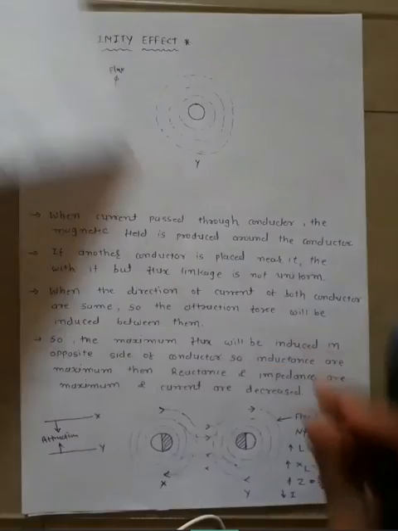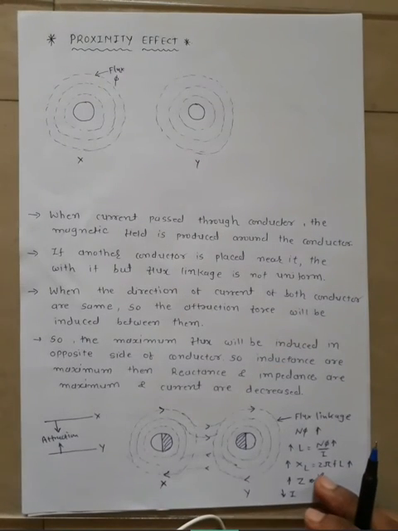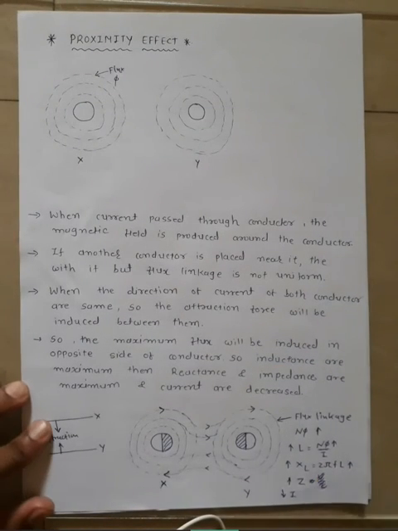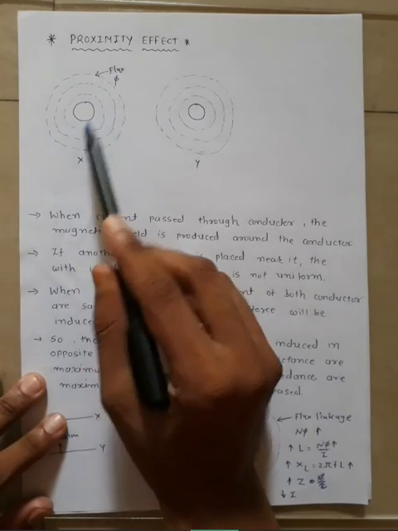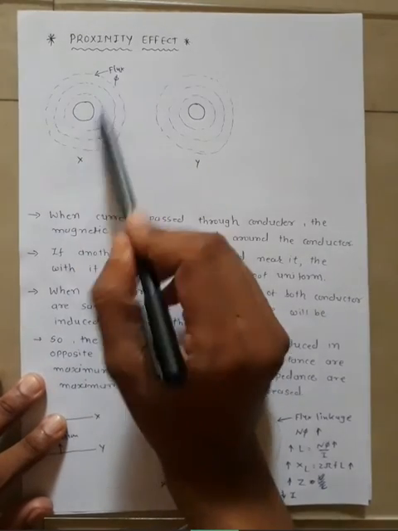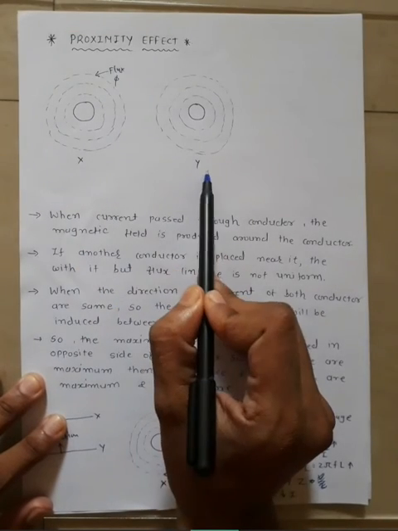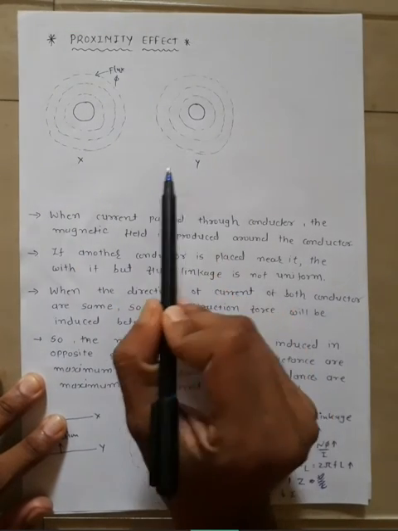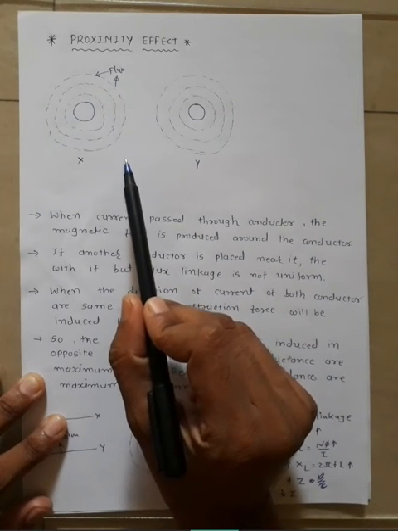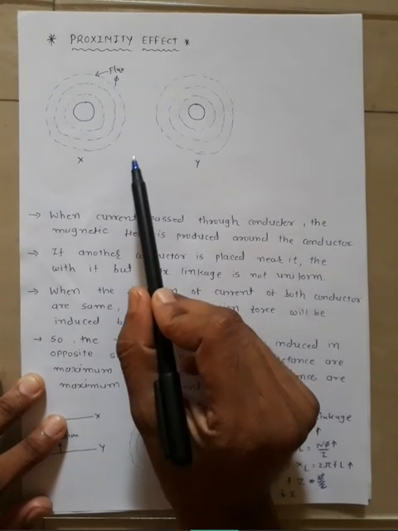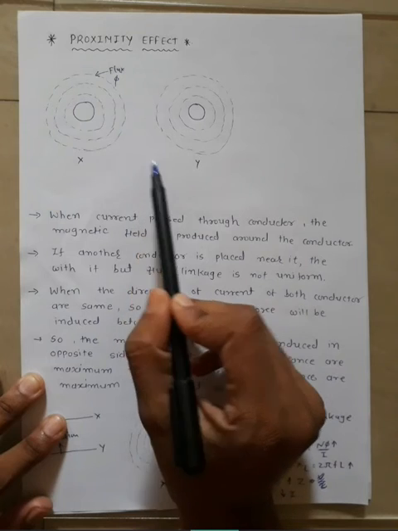What is proximity effect? Consider two conductors X and Y. When current passes through a conductor, a magnetic field is produced. When another conductor Y is placed near it, the flux linkage is not uniform.